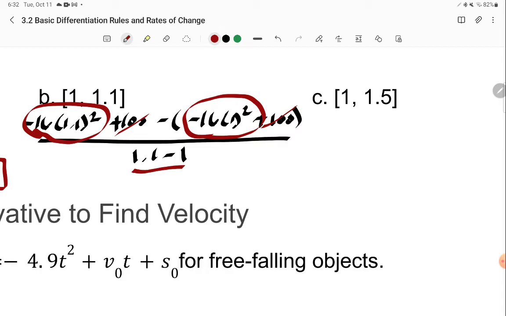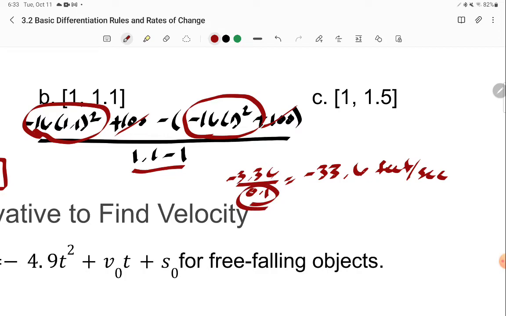And when you simplify all of that, you'll end up with negative 3.36 all over 0.1, which is dividing by 10, so that's going to be negative 33.6 feet per second. Right, because this is one tenth, so dividing by 1/10 is the same as multiplying by 10.